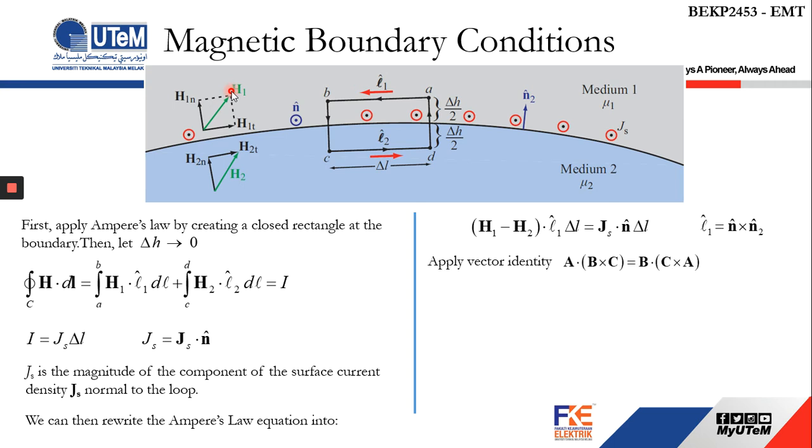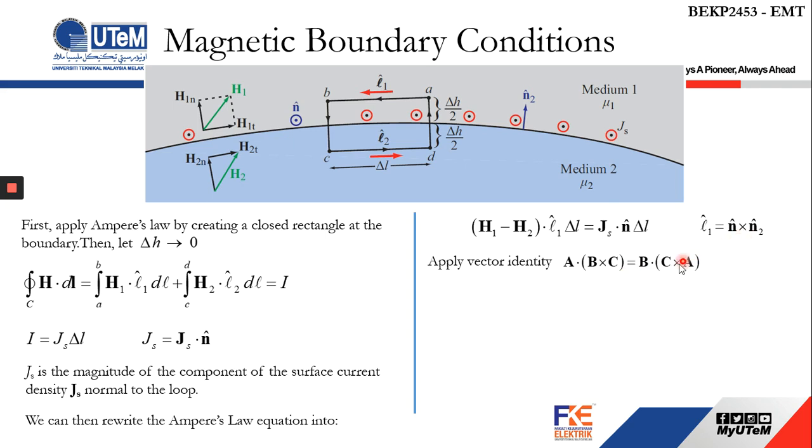Okay, then we apply a vector identity. We know that A dot B cross C, from the scalar triple product, is equal to B dot C cross A. If you don't remember this, we derive it from the scalar triple product. So in A dot B cross C, A is H1 minus H2, B is n, C is n2.